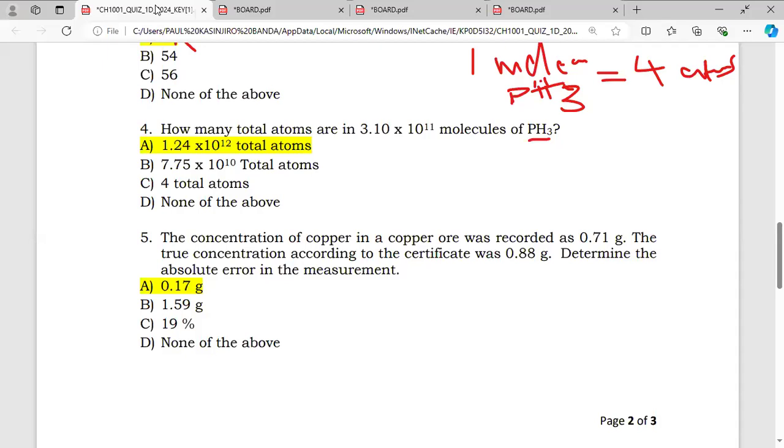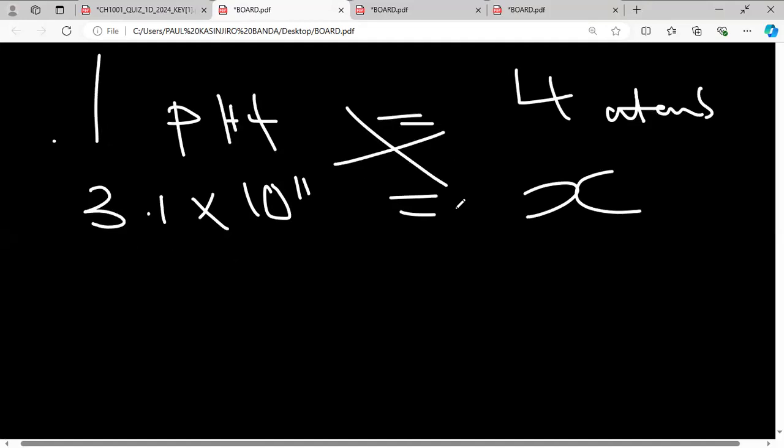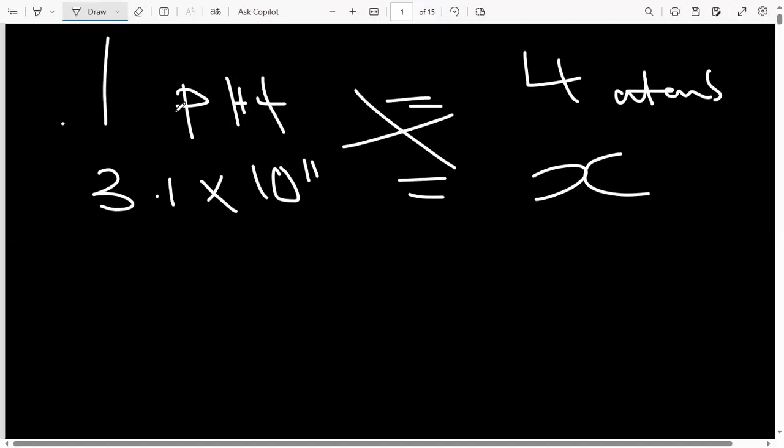Yeah, so 3.1 times 10 to the power 11 molecules. So how many atoms is this going to give you? So you say X and then you cross multiply. Okay, so X multiplied by 1 will just be X is equals to, and then you multiply this number here multiplied by 4. Okay, so you can get your calculator and then you try to multiply that.